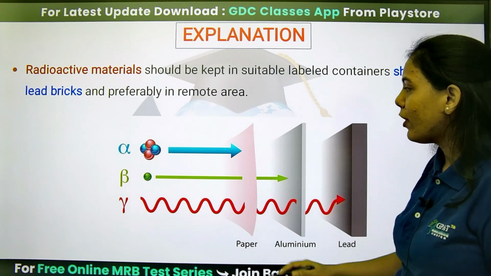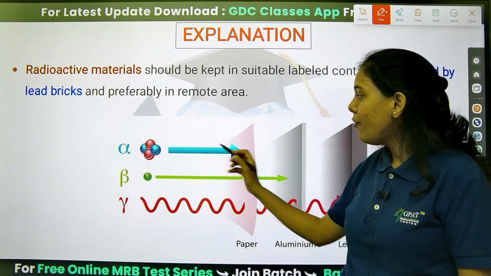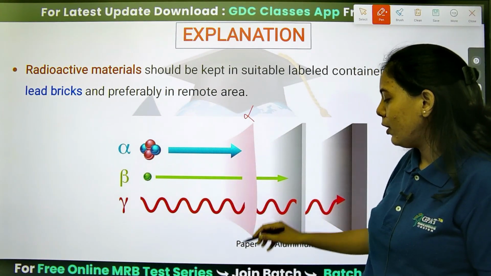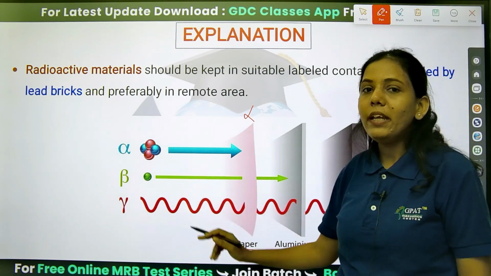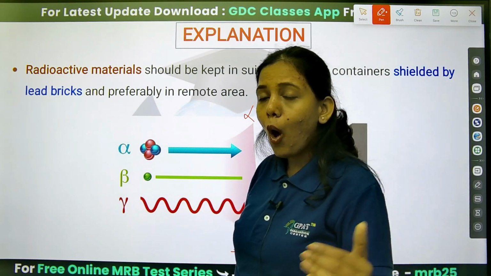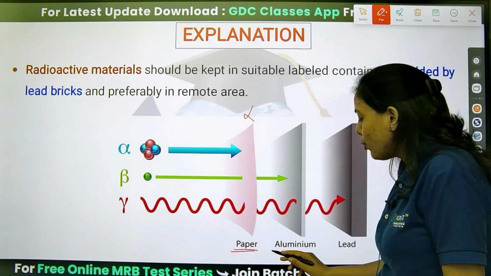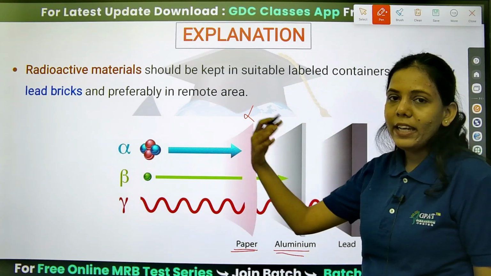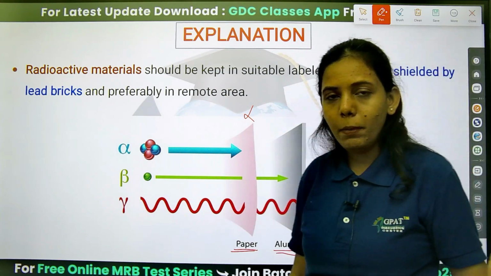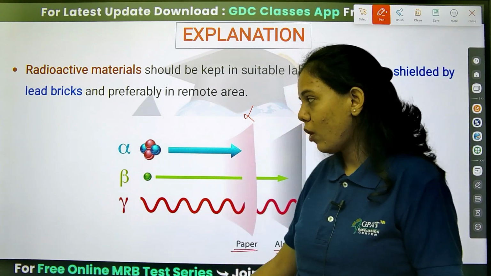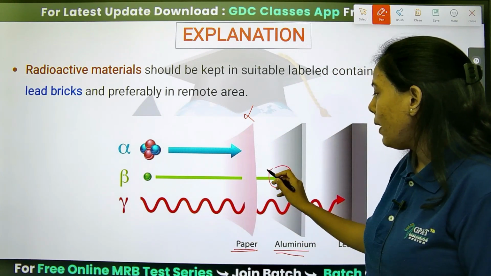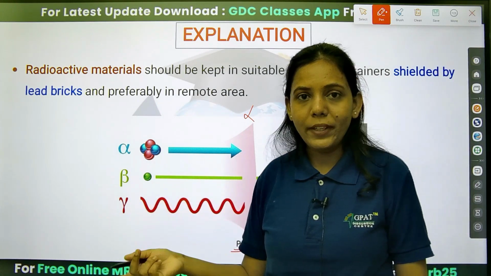The reason is that, for example, alpha rays cannot cross the paper. Here you can see this is a paper, but beta and gamma can cross through the paper, right? Alpha will not cross aluminium either, but beta crosses the paper and will not cross the aluminium.